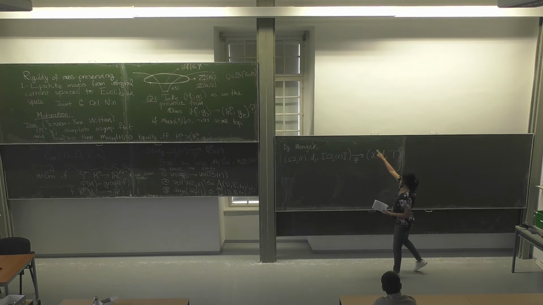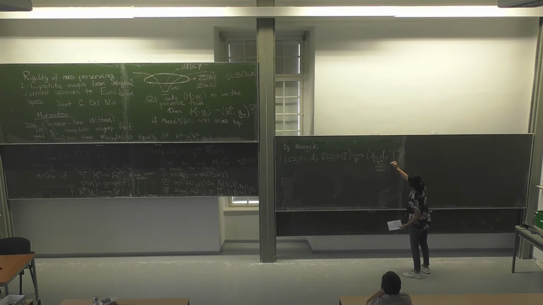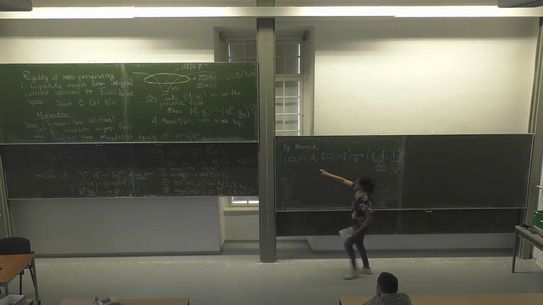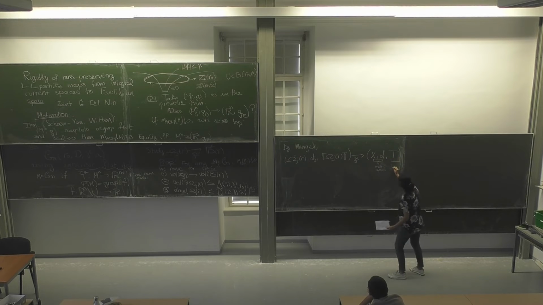So what does this mean, or what is an integral current? Well, this is a metric space. This is a current, and I'm going to say what a current is. But here let's say these are of dimension n. This is going to be an integral current of dimension n.